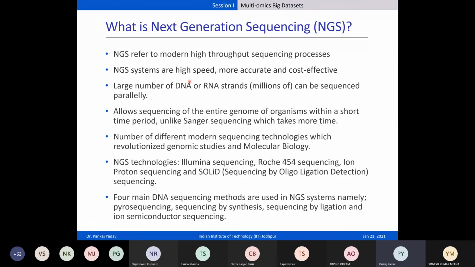So this is the time where, in the coming years, we will see that each of us has our DNA sequence available, and we can perform analysis on our own data. This is going to be the reality in future.